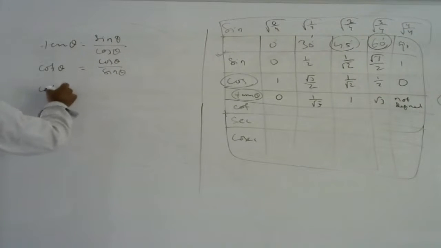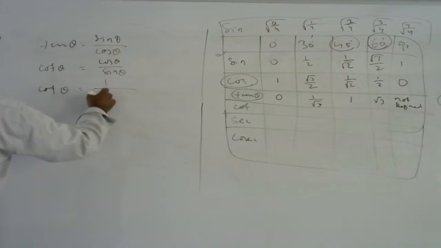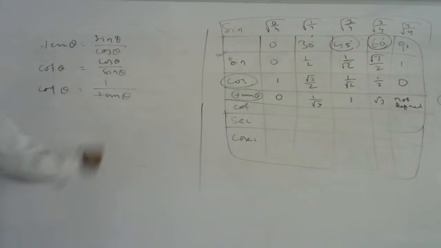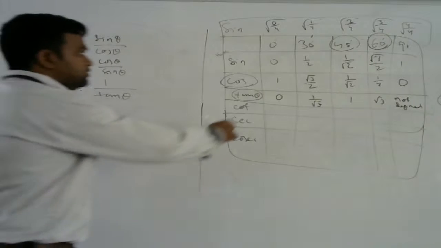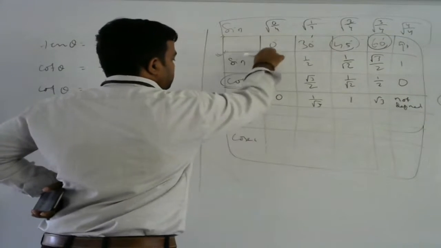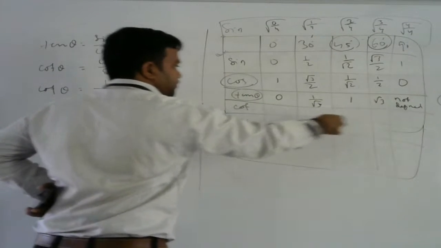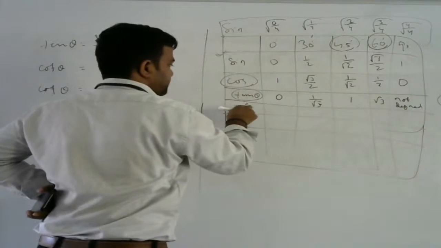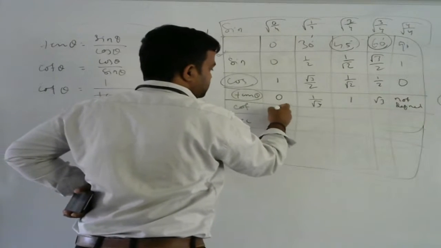Cot theta is equal to 1 upon tan theta, the reverse of tan theta. So you can fill the table for cot 0 degree. We'll start to reverse it. Okay, 1 upon 0, this is not defined.